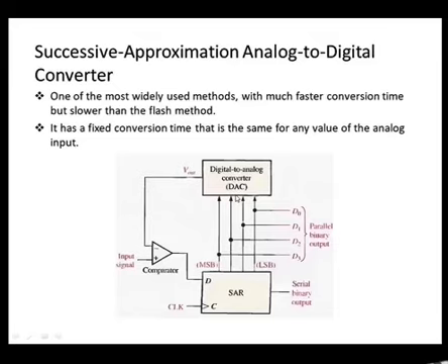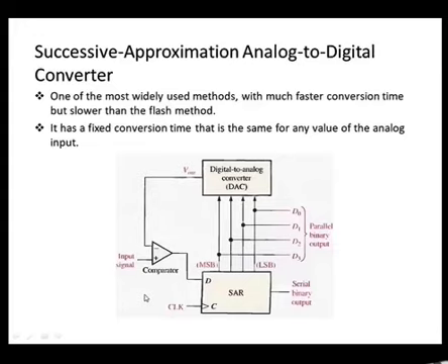We will study DACs later, but here you can just imagine that a digital to analog converter will convert digital or binary numbers to analog, and a successive approximation register and a comparator.